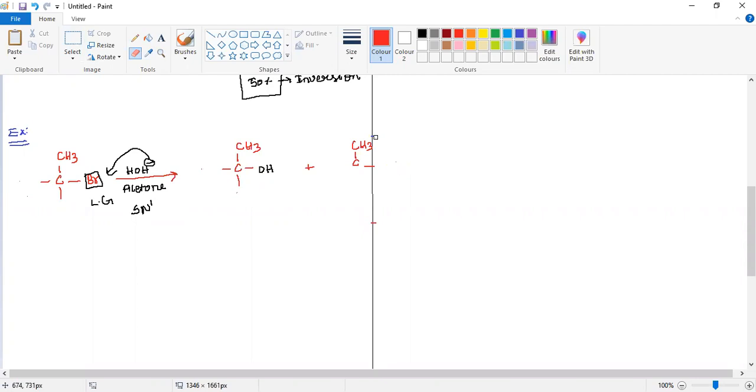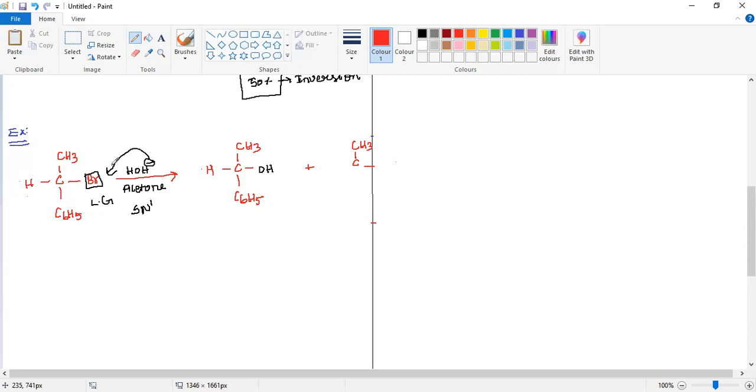So here I take hydrogen, and instead of CH3 let us take phenyl, C6H5, with H. Now it becomes a chiral carbon, so it is optically active, and it is possible to form an enantiomeric pair.